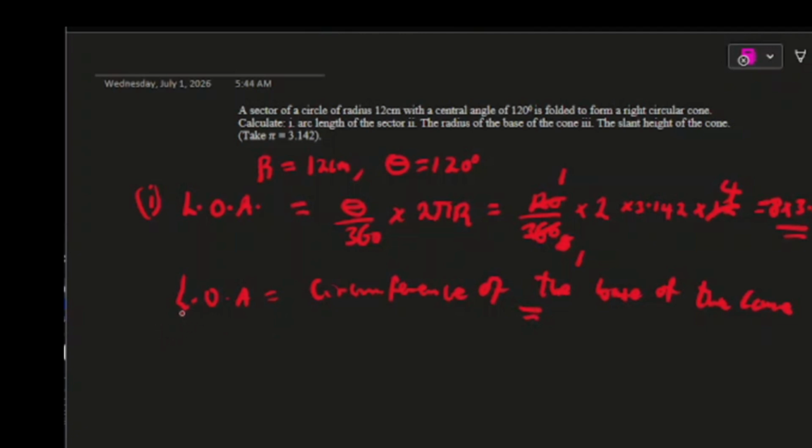So length of arc here will now be theta over 360 times 2 pi big R, just like we did last time in deriving the formula. And the circumference of the base of the cone is given by 2 pi r.